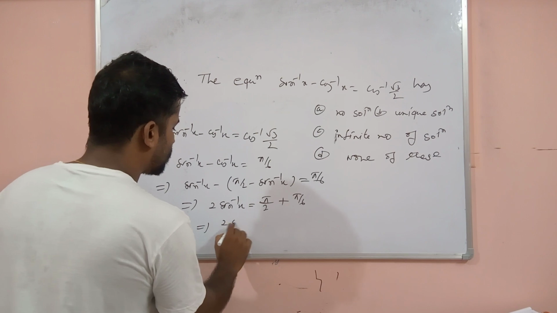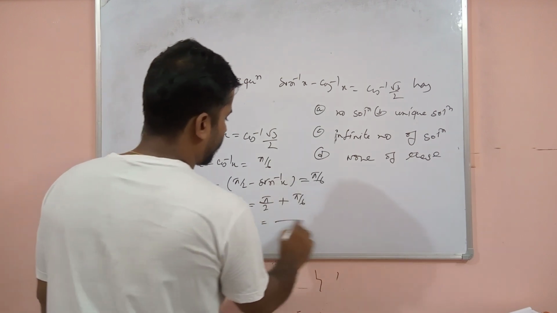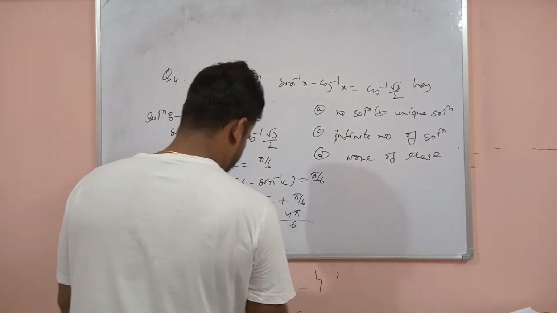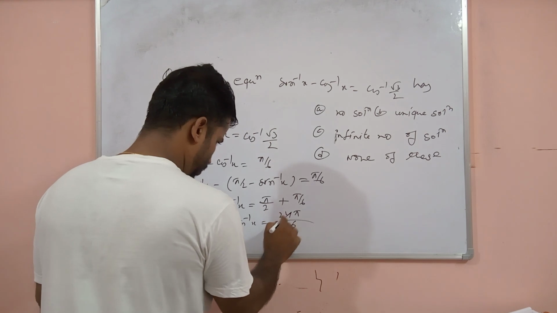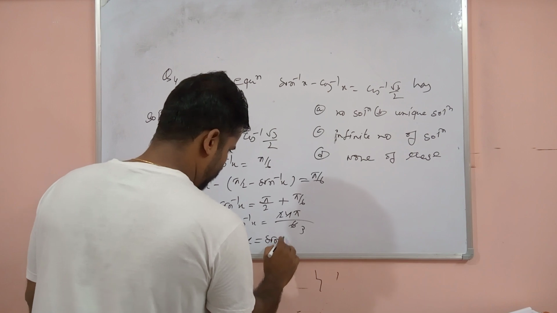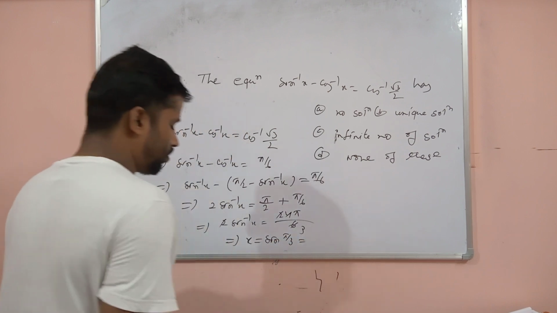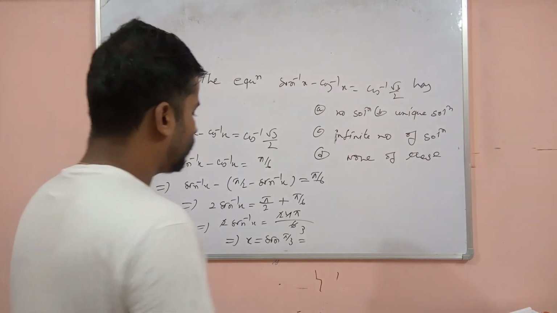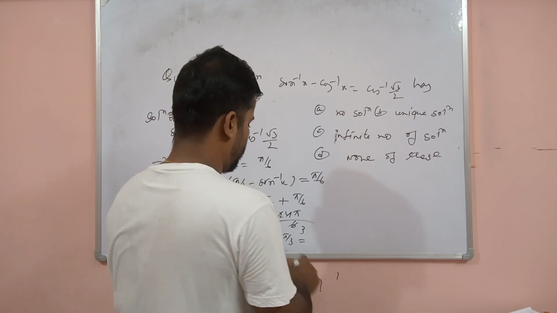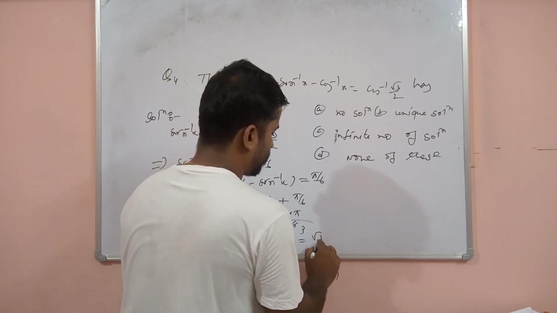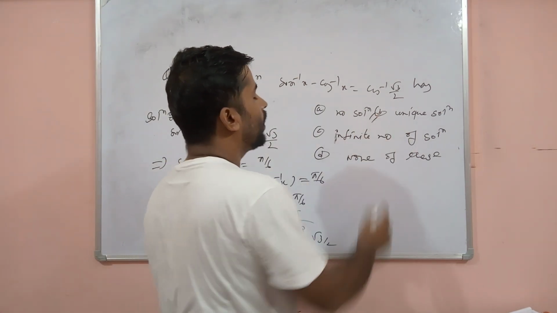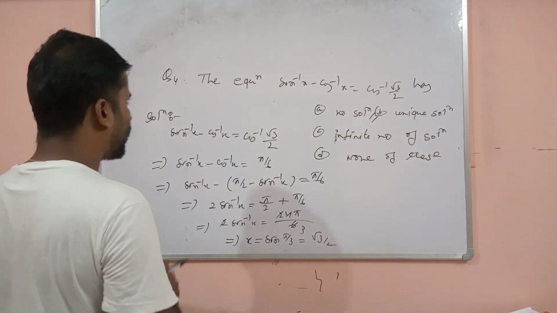So 2 sine inverse x equal to, with LCM 6, that is 3 pi plus pi, 4 pi by 6. 2 divided, it is pi by 3. So x equal to sine pi by 3. It has a definite value, and it suggests that it has a single value. Sine pi by 3 is equal to root 3 by 2. So we must say it has only a unique solution, that is a single solution.